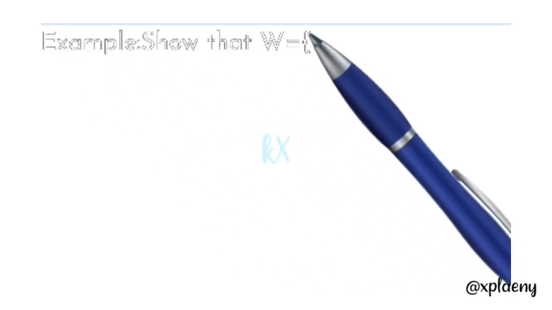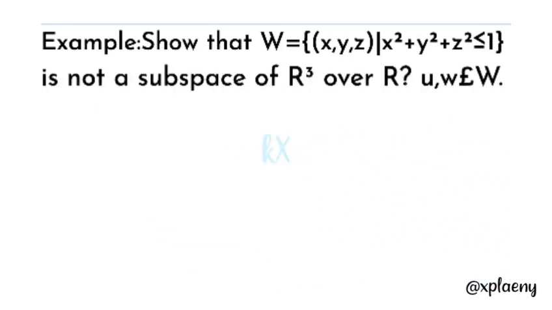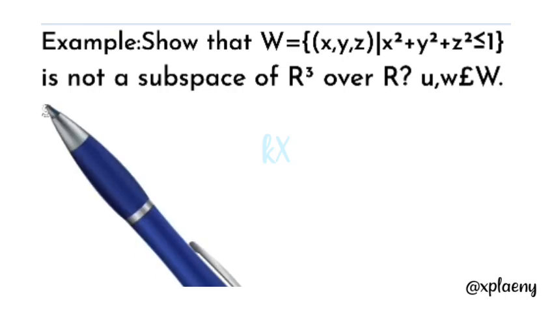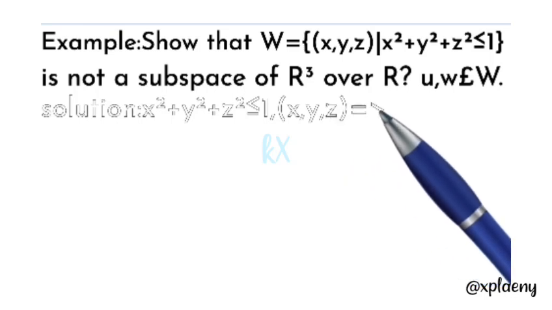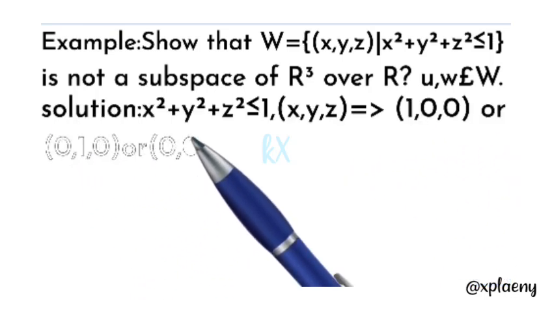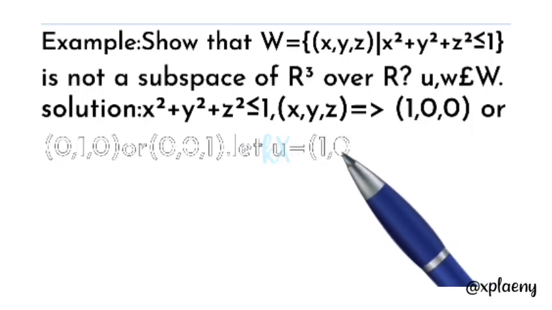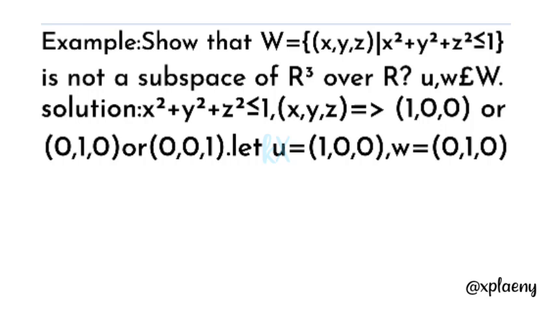So another example here is we should show that W, which is x, y, z such that x squared plus y squared plus z squared must be less than or equal to 1, is not a subspace of our 3-dimensional Euclidean space over the real field. And we need to consider that u, v is in W. Since a rule has been given, the addition of the squares of x, y, and z coordinates must be less than or equal to 1.